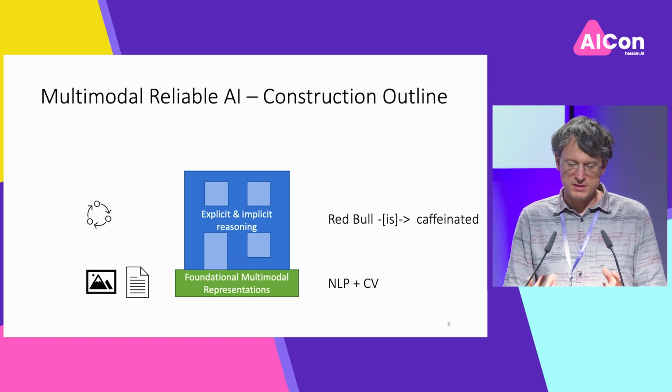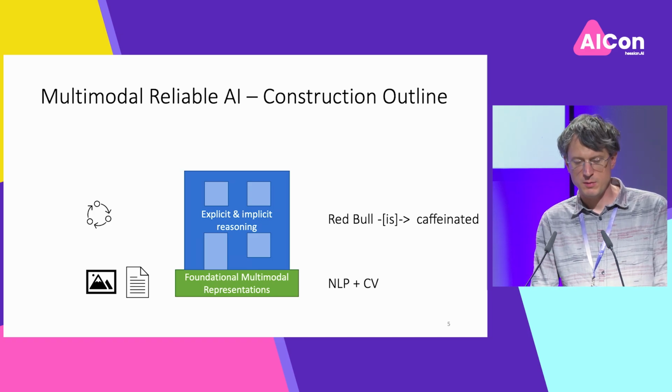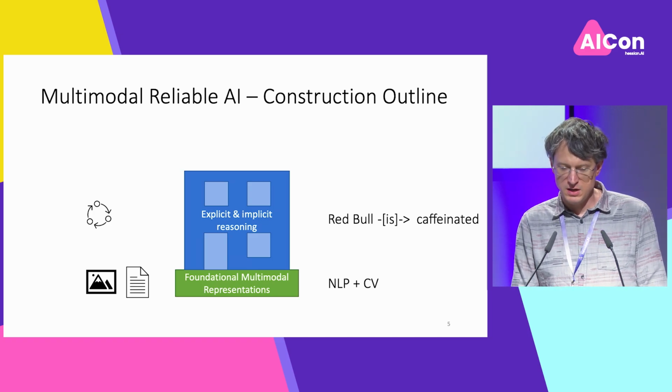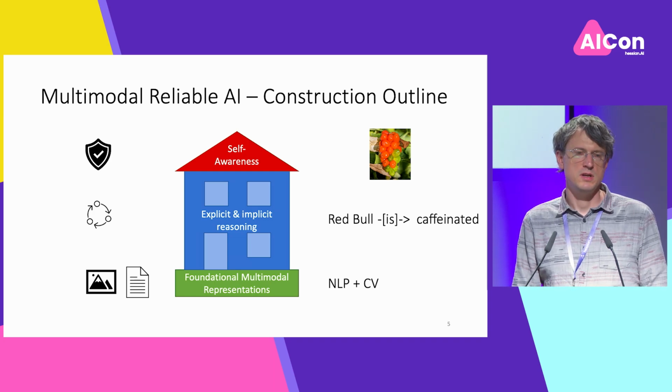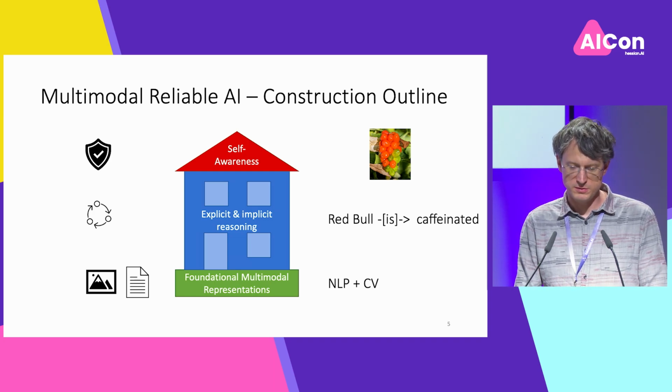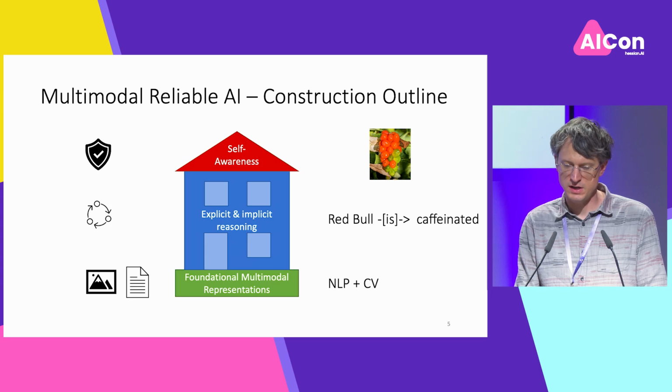Then we probably need some explicit and implicit reasoning, for example, that Red Bull is caffeinated. And last but not least, we need some self-awareness to build reliability in our models. So I'm going to talk about these three different aspects and the research we did in these areas.